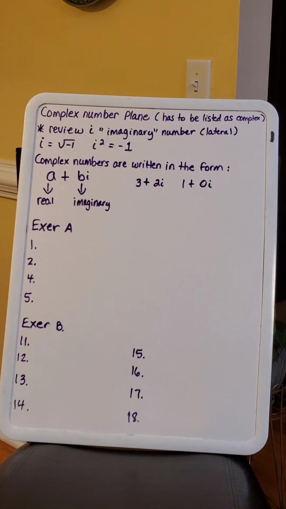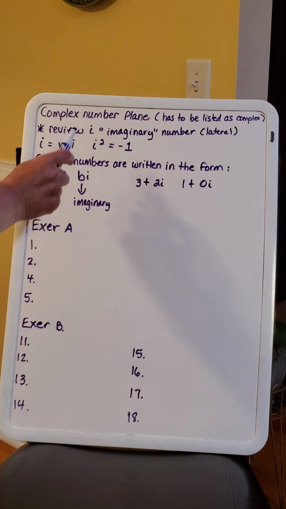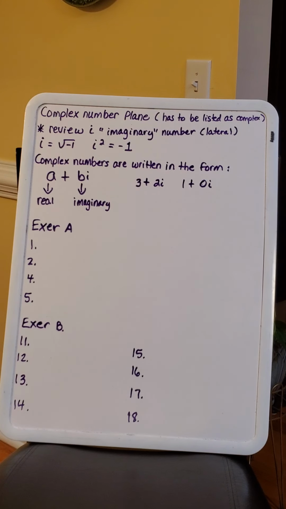As a review, we saw this back when we were doing the quadratic formula, and we came up with negative roots, and there are no negative roots. So the mathematician Gauss came up with a term he was not happy with, which is imaginary, because it makes it seem like it's not a number that could even be useful. The true term for it would be a lateral number.